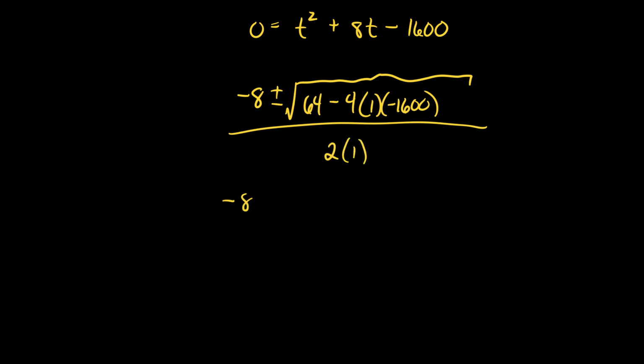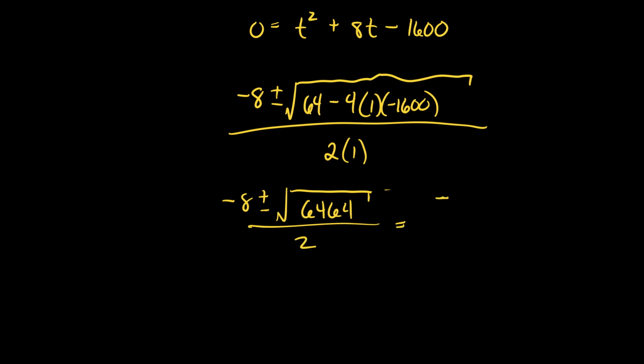So negative 8 plus or minus the square root of 4 times 1,600 plus 64, so 64, divided by 2. Square rooty.